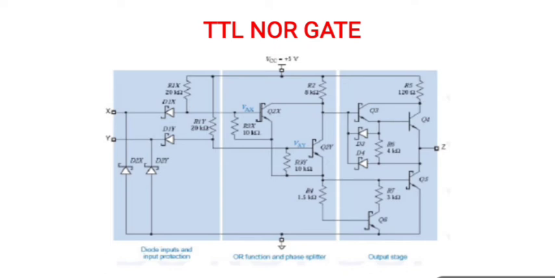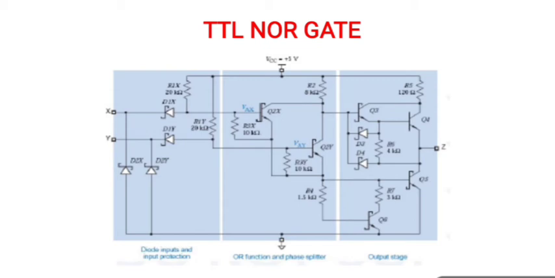Now the total VCC goes to the ground. Whatever VCC is available through D1X all goes that way. So the base of Q2X will become 0, meaning the Q2X transistor will be off, because diode D1X is on and the total voltage goes directly to the ground.